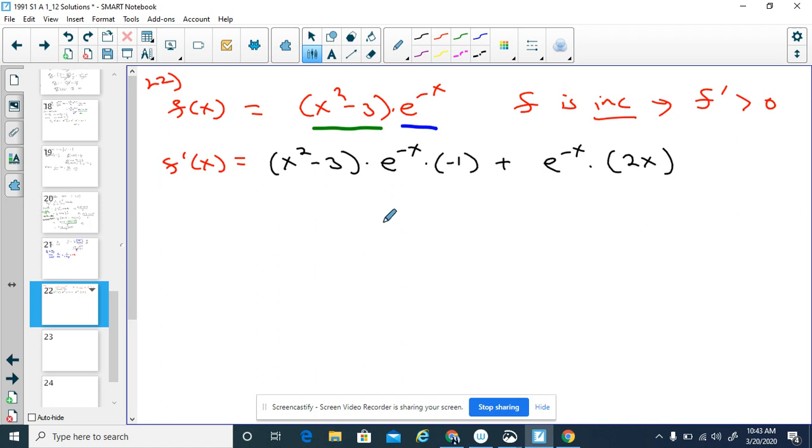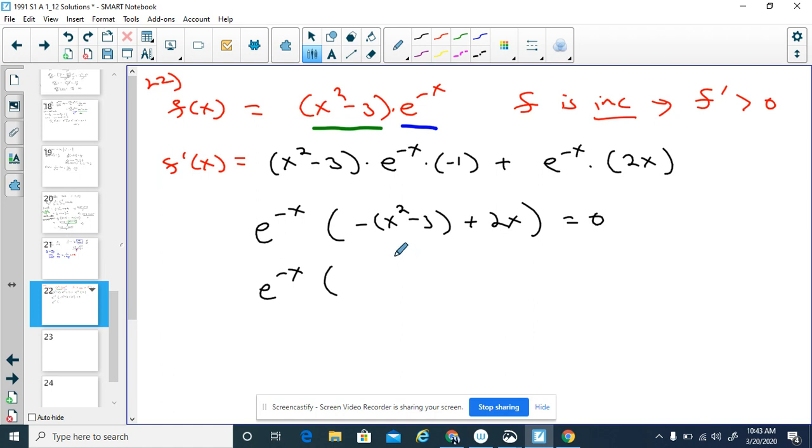So now I got to see where f prime is positive, right? So it means first I'm going to have to figure out when it's equal to 0. So what can I do here? Well, it looks like I can pull out an e to the negative x. And then I have a negative x squared minus 3, right? And then a plus 2x, and then set that equal to 0. So now obviously I want to distribute the negative and then rearrange these terms.